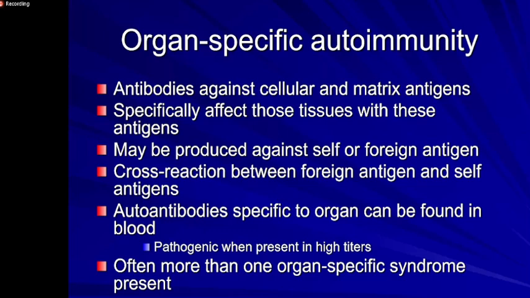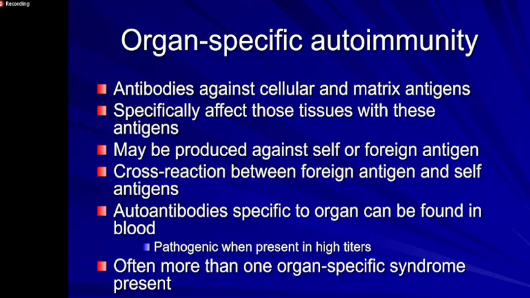Now, when we talk about organ-specific autoimmune diseases, you'll have antibodies which are going to destroy the cellular components of the tissues. So, antibodies directed towards the cellular components of different organs.